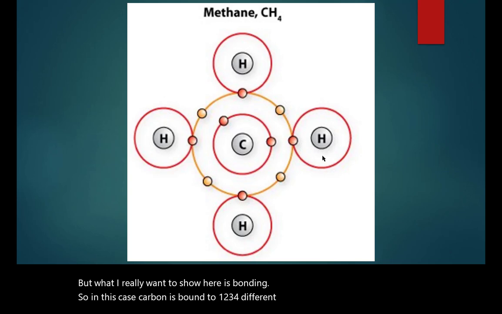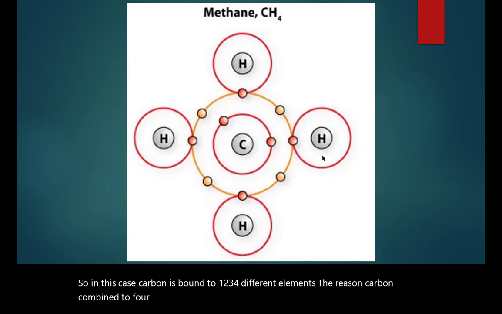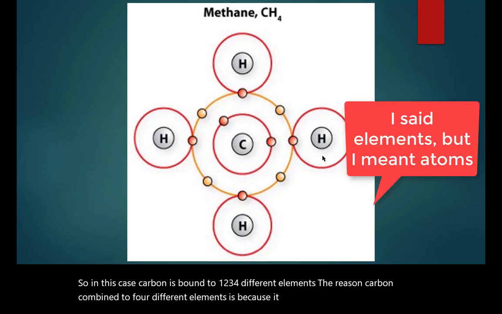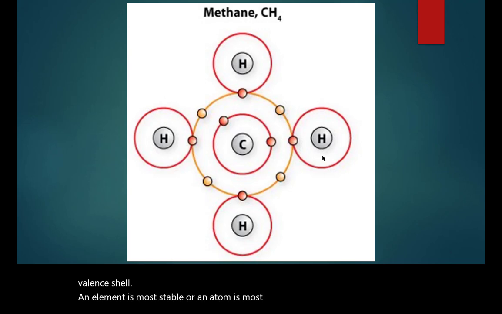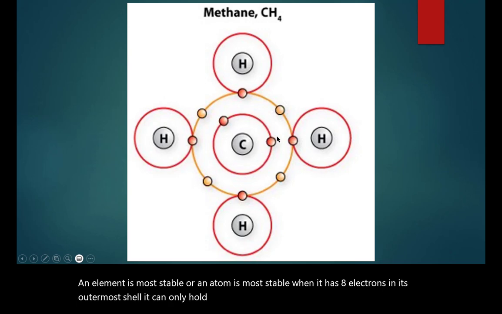The reason carbon can bind to 4 different elements is because it has only 4 electrons in its valence shell. An atom is most stable when it has 8 electrons in its outermost shell. It can only hold 2 here, but in the outermost shell it can hold 8.